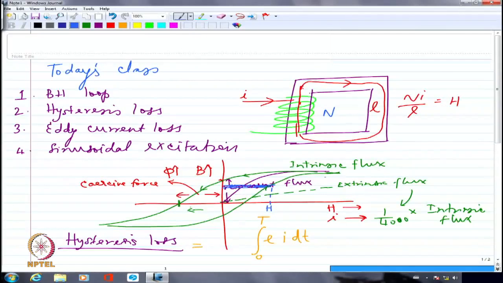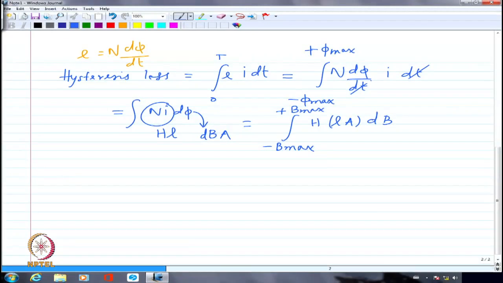So if I traverse the entire loop and look at the overall integral H dB from minus B max to plus B max, it will give me the complete area under this loop, right? So going back to what I was writing earlier, this will be equal to the integral from minus B max to plus B max.